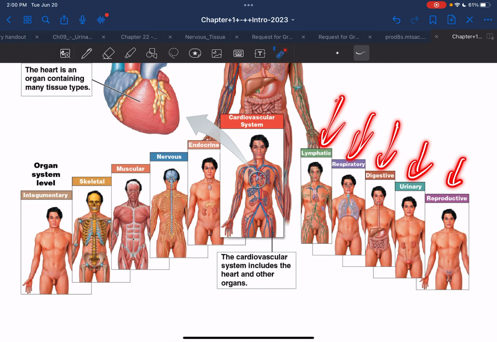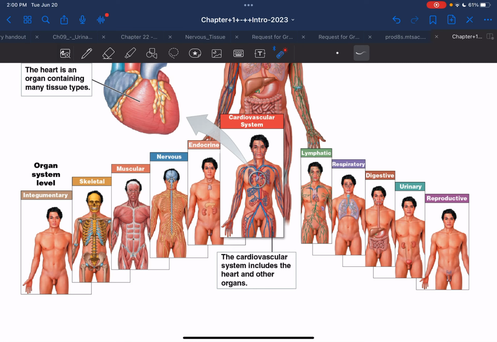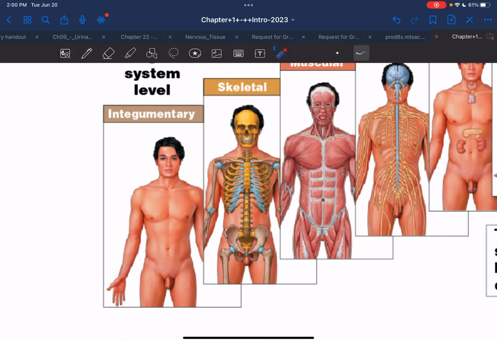This is what its functions are. Your body comes with these features, right? These organ levels. And so the task is to stay organized as we go through it. You're going to see our first organ system that we're going to learn about is going to be our integumentary system, which just simply means skin.